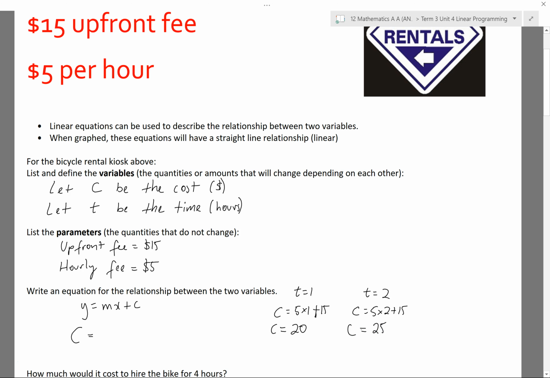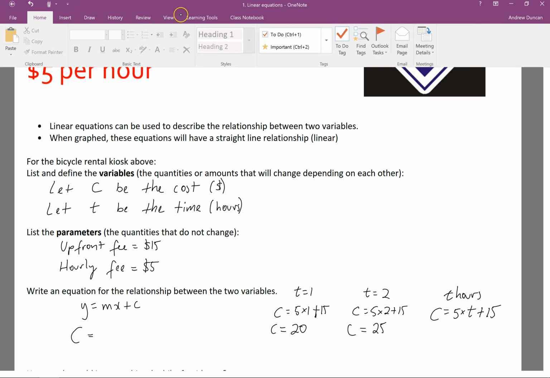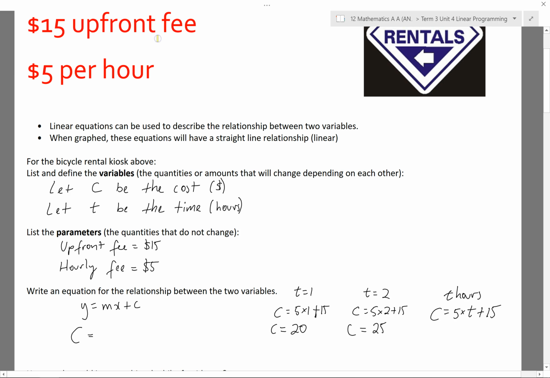But the relationship I really want isn't for 1 hour or 2 hours, it's for T hours. If I wanted to rent it for T hours, the cost would be, well, it was 1 times 5 for 1 hour, 2 times 5 for 2 hours. This will be 5 times T plus 15. Hopefully you can see, if I highlight, when T equals 1, the 1 was there.